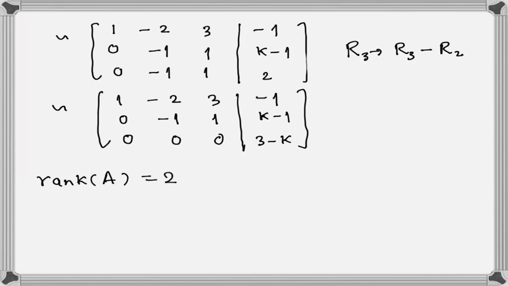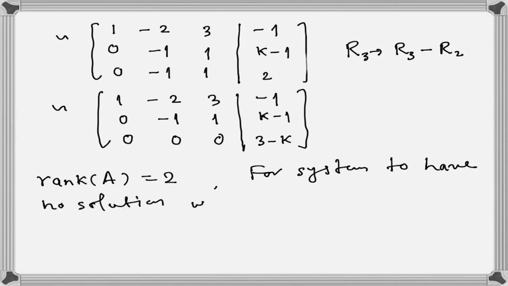All right, so for the system to have no solution, we need the rank of the augmented matrix to be 3. This implies k is not equal to 3.